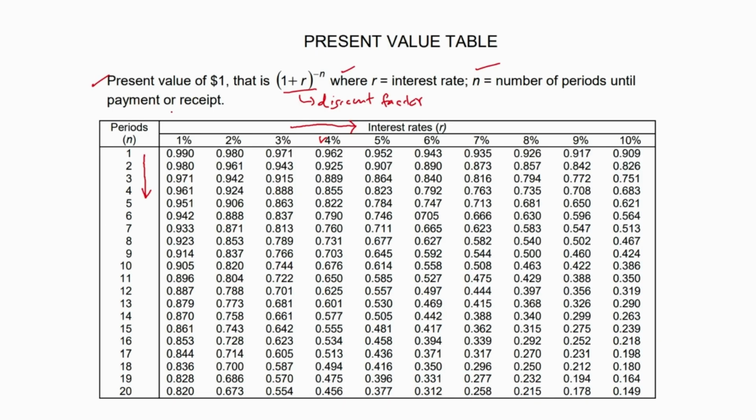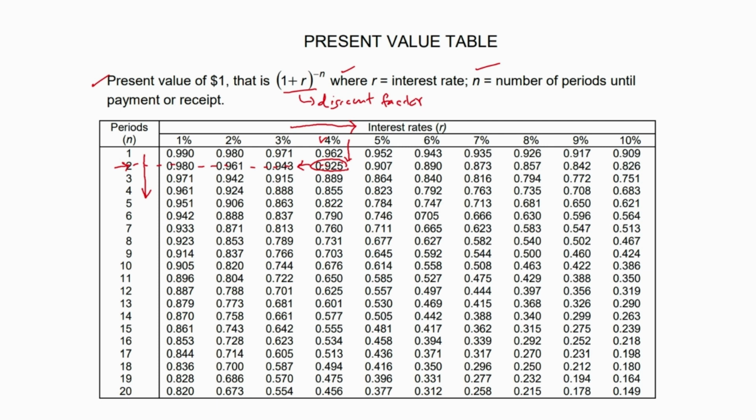Going back to the table, we select this. Here is the 2. So what we do, we go along this 2 value until we meet the 4% value here. This is the intercept, which is under the 4% and also gives n equals 2. So this will be the discounting factor.